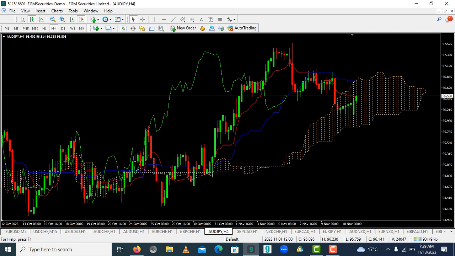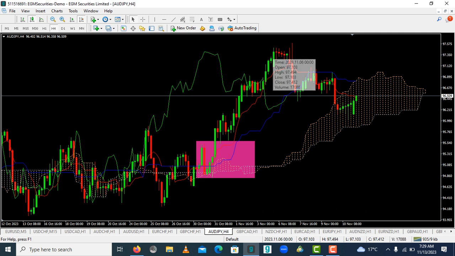You can see at this point, let me highlight it, after this point you find that the price moved up. Therefore, someone who was using this indicator, there are ways that they check and determine whether the price will move up or down. There are other indicators.